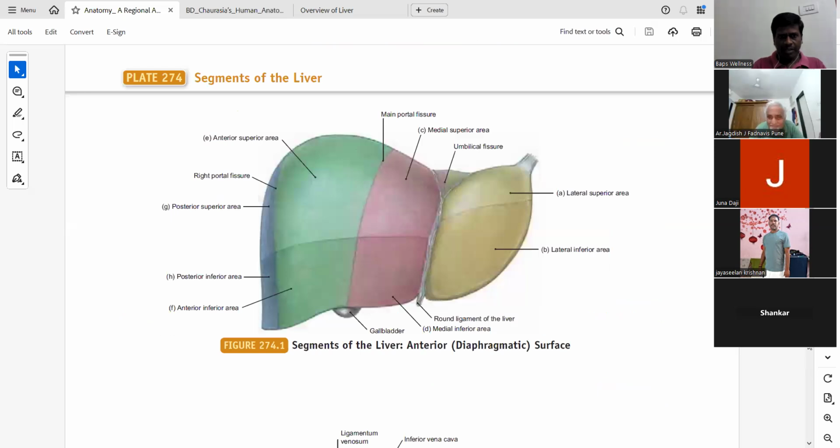So these are all the segments of the liver, depending upon the location, mentioned here like anterior superior, anterior inferior, and also the ligaments and all, just to give an idea about how it is anatomically placed or located.